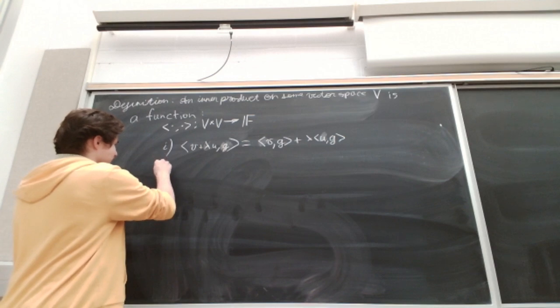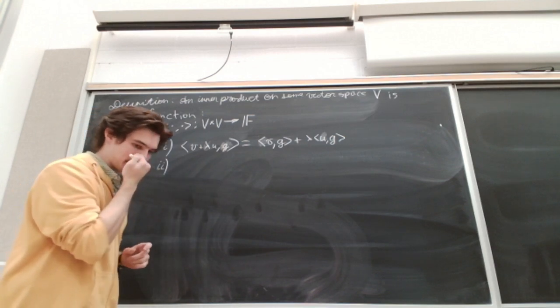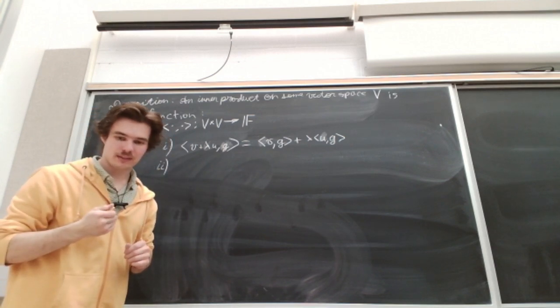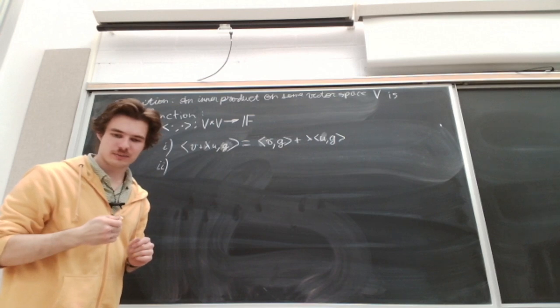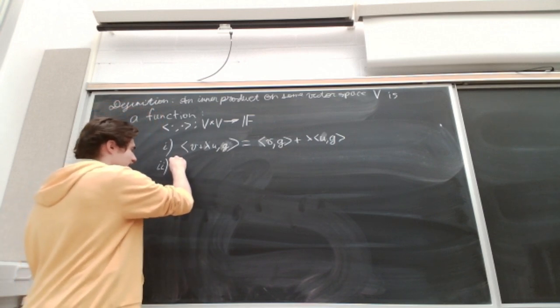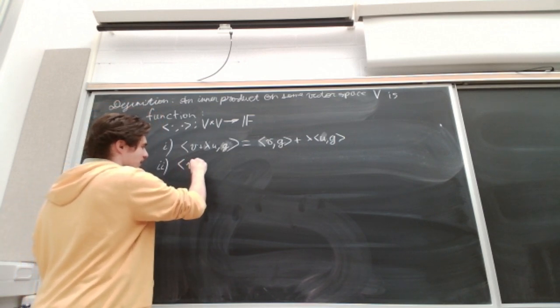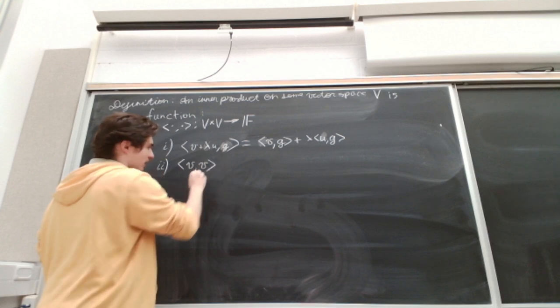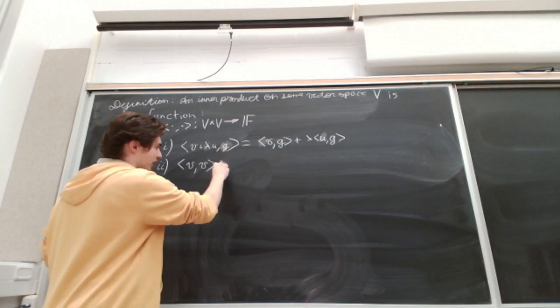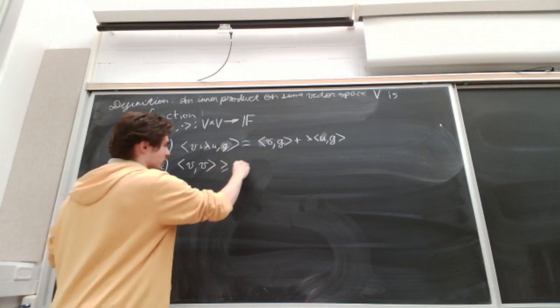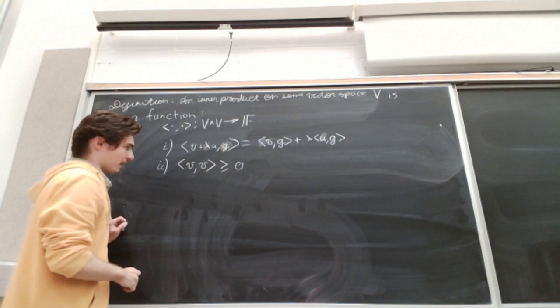Okay. The next thing is I think that's called positive definiteness or something. Doesn't matter. The point is that the inner product of v with v is always greater than or equal to 0. Okay?